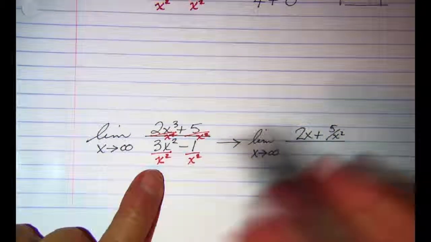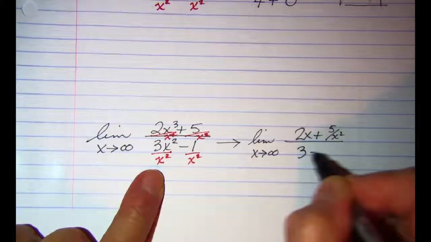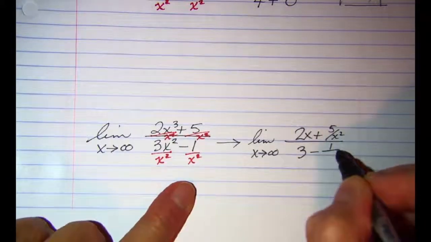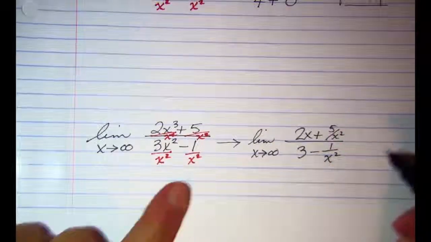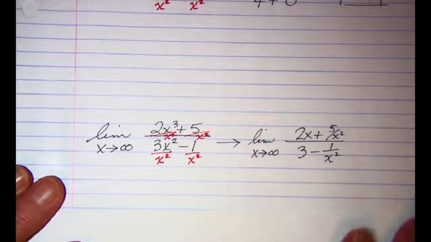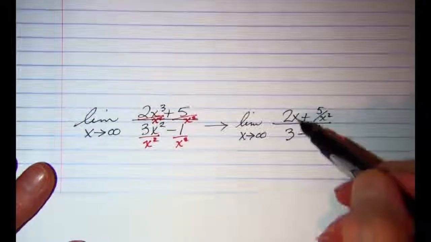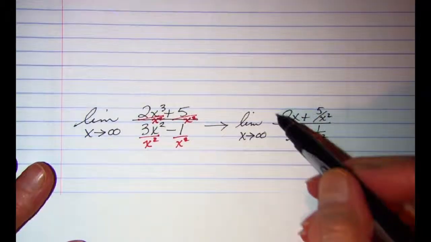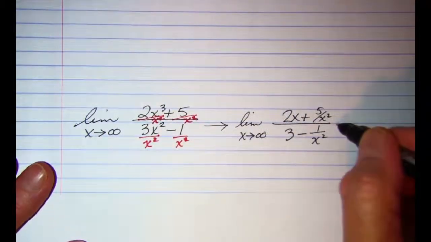And then this simplifies to 3 minus 1 over x squared. Now as x approaches infinity, this term is going to approach infinity.